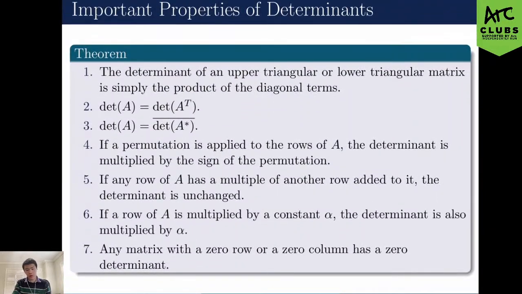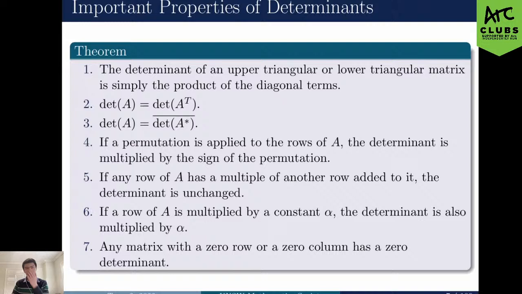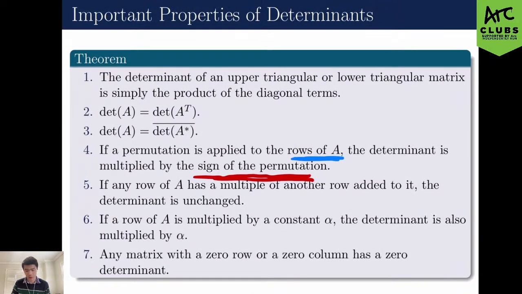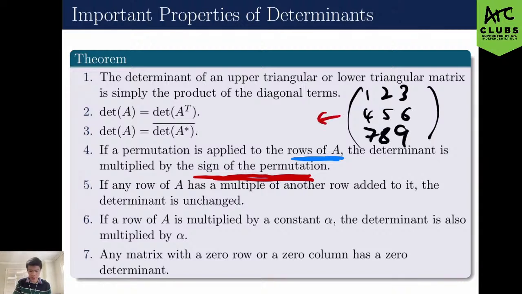These are some properties that you would have learnt from first year, but now we're formalizing them a bit more. So if a permutation is applied to the rows of A, as we recall, the determinant is multiplied by the sign of the permutation. So let's just say we swap 2 rows, for example. I take this and I say, let's just swap rows 1 and 2.